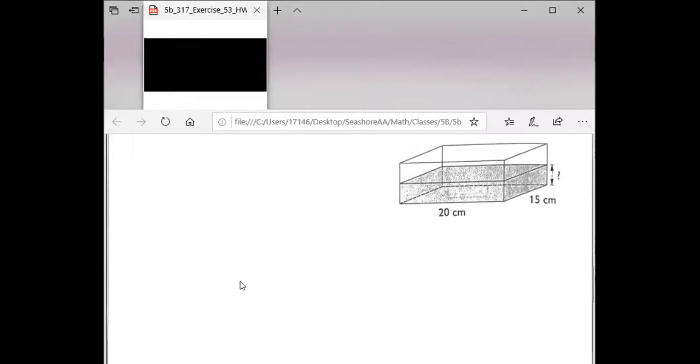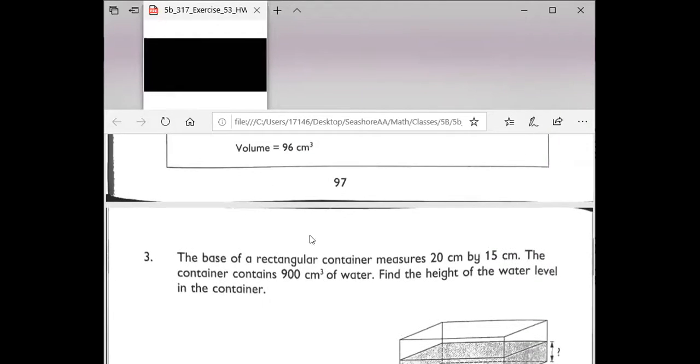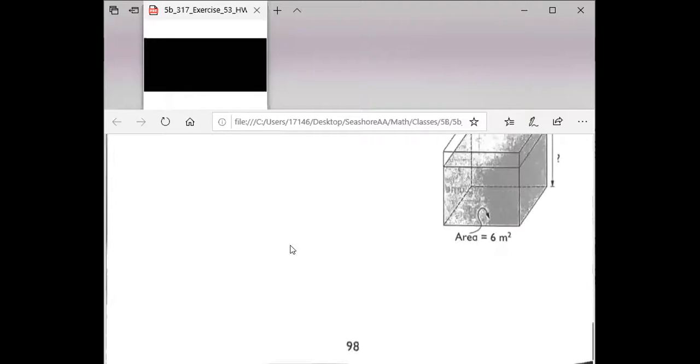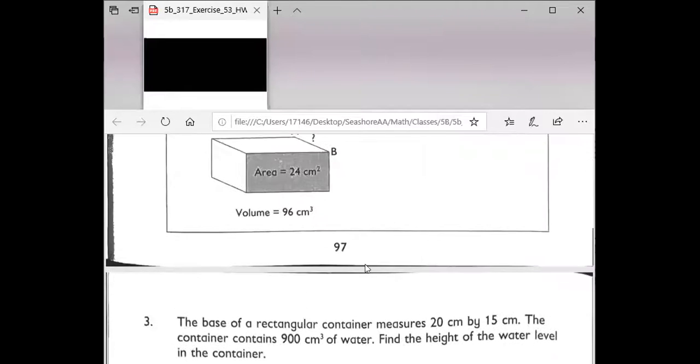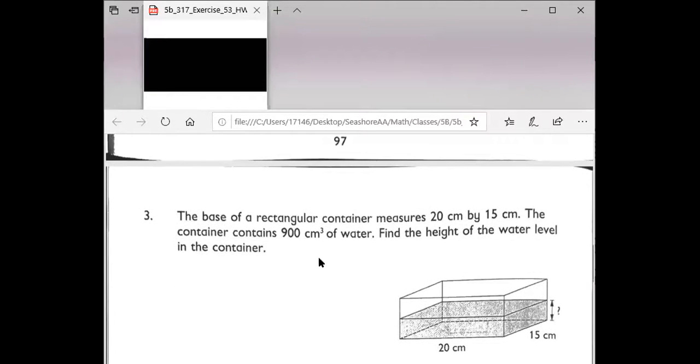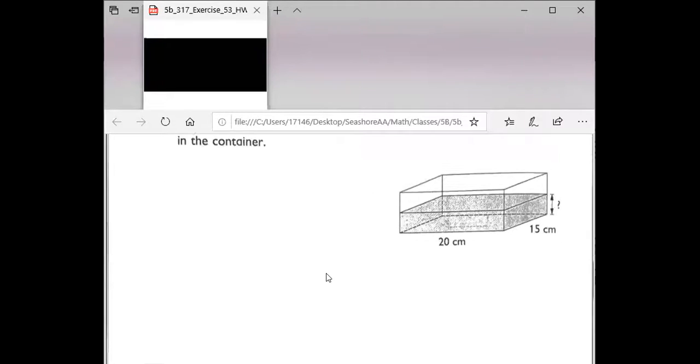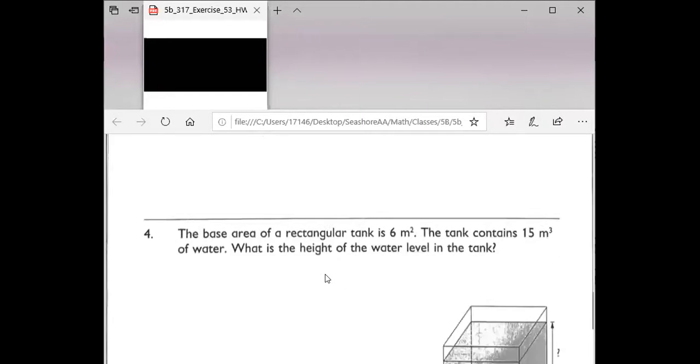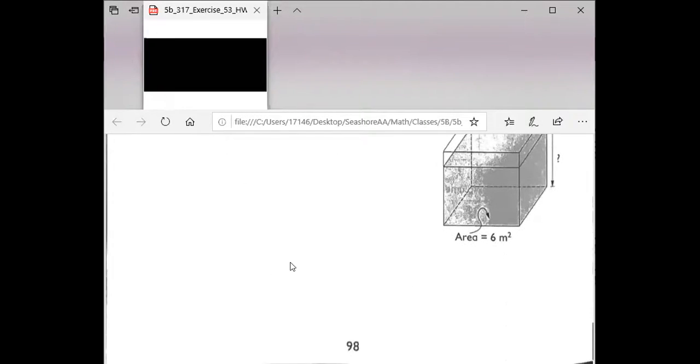So today you need to do the practice for page 97 and 98. If you already did the 97, you don't need to worry about that. But if you want to do extra practice, you can still print out 97 and do it again. But if you did it already, you don't need to, okay? And it's due next Thursday, okay?